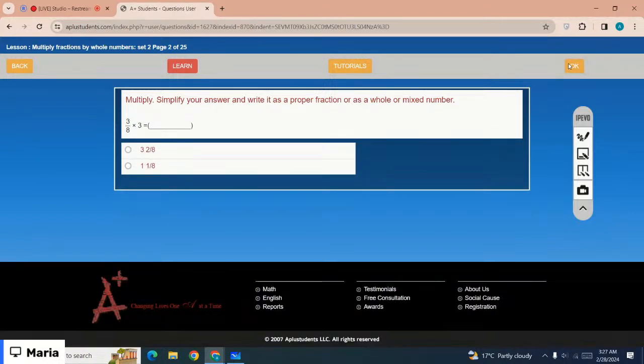Multiply 3 by 8 times 3. So which is the correct option? You have to do 3 by 8 times 3, right?